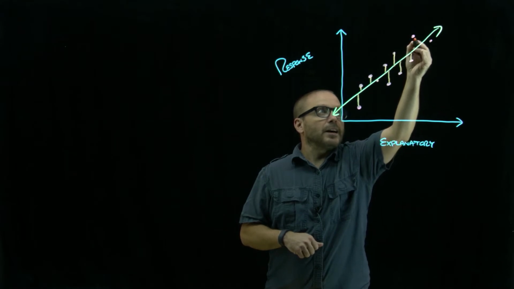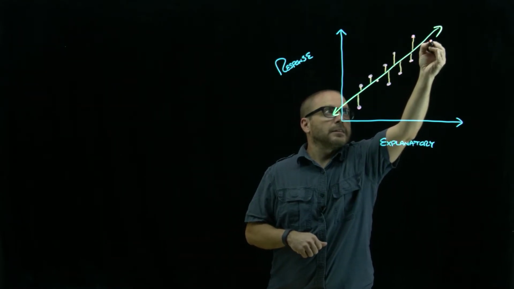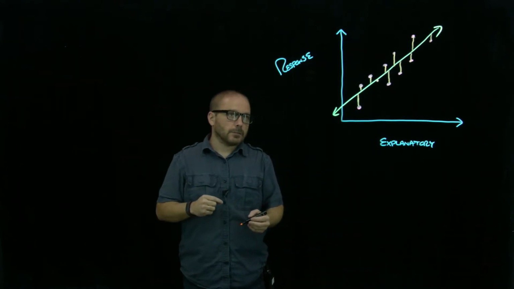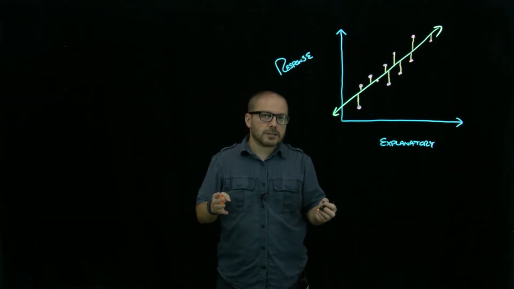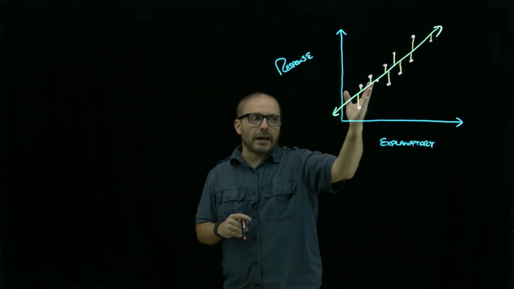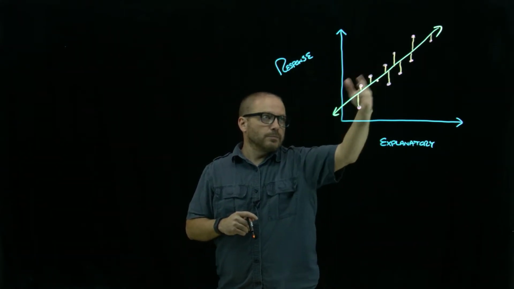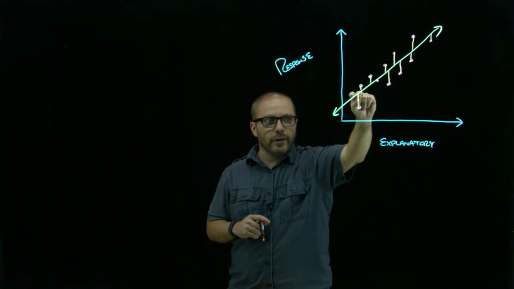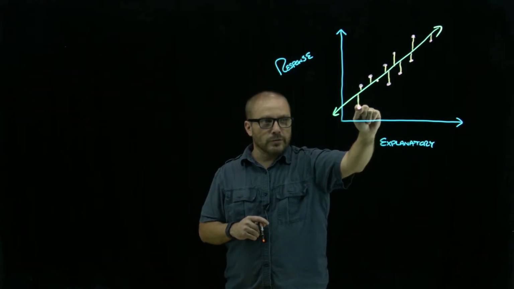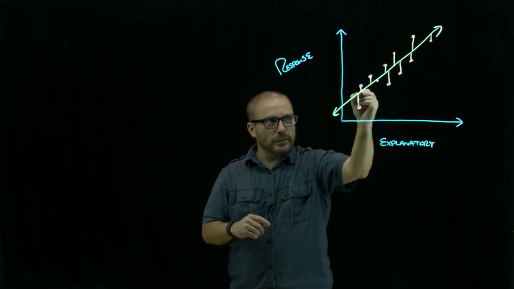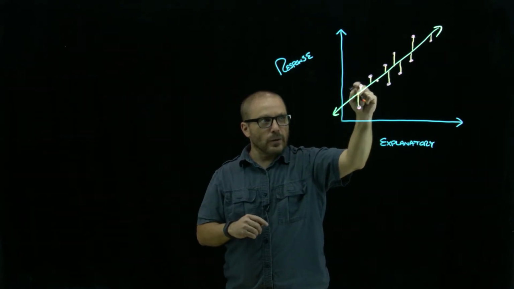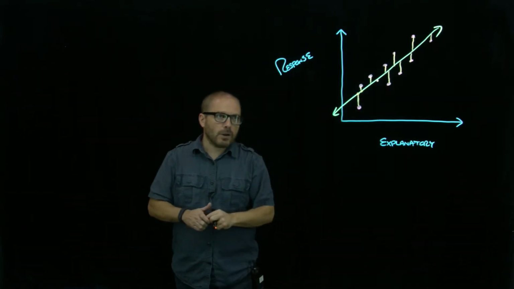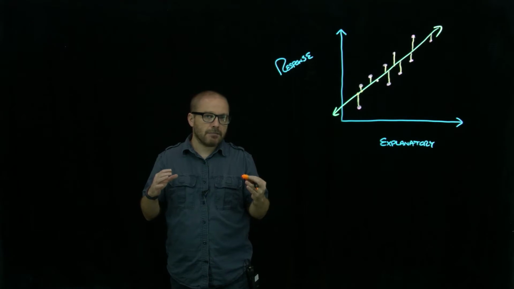We could tally up all these distances, and then we could say, which line would cause those distances to be the smallest? You can think of that distance as your error. This is what actually was observed, and here is what the line says. Each one of those little line segments is measuring an error, and we want to find the line that would minimize that error.